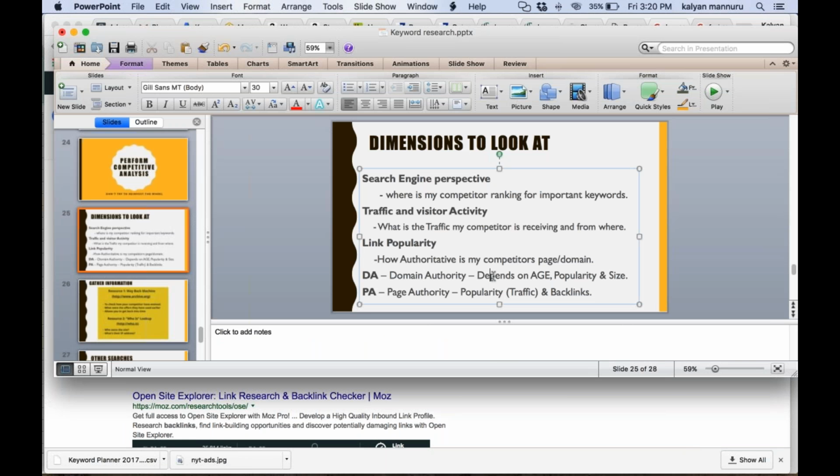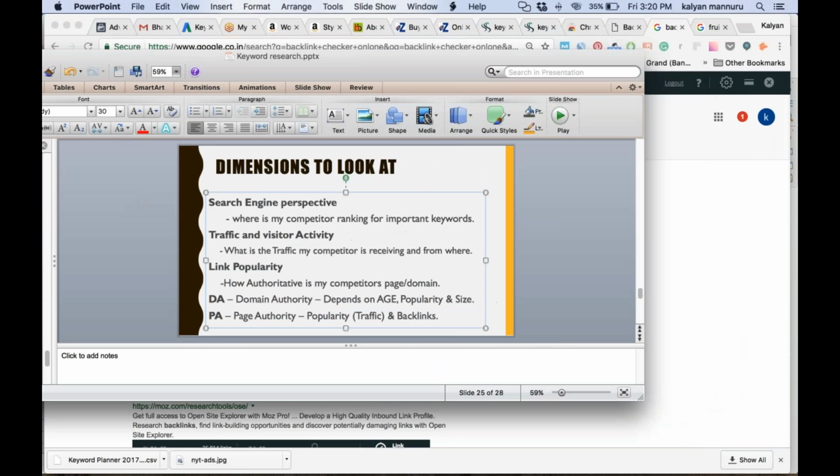So the domain authority score is given based on the age. Age is how old is the website, how popular is the website, and how big is the website. Does that clarify?